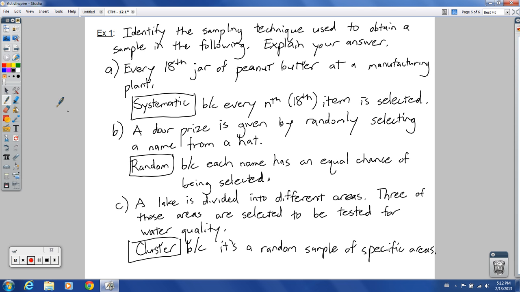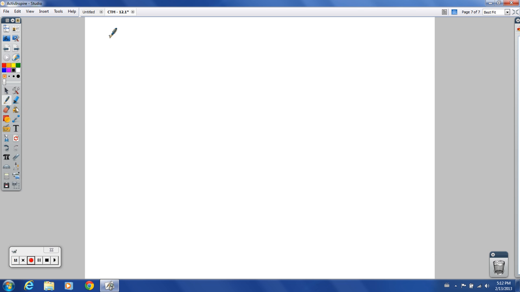Okay, I want to continue this example. I'll go to the next page. And how about this? A couple more. I want to show you an example of each one.